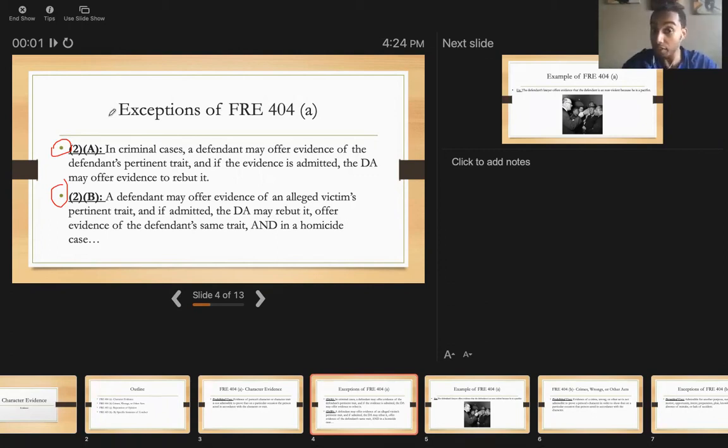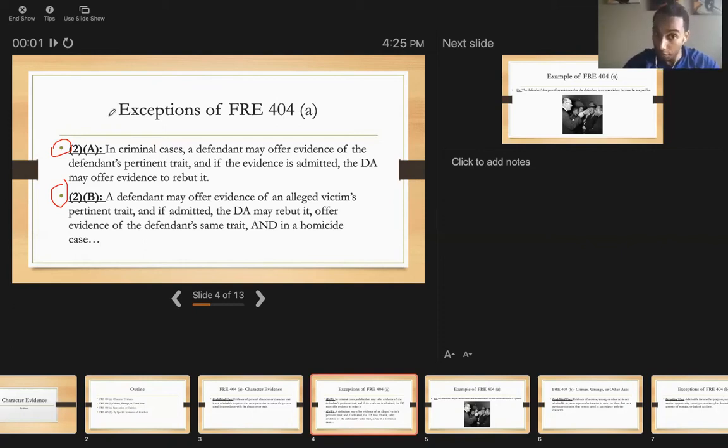And if that evidence is admitted in the court, the prosecutor may offer evidence to rebut it. Let's say the defendant is offering a trait to say, I'm a nice guy. If that's admitted, the prosecutor, the opposing party, may offer evidence to rebut that and use other evidence to say, no, he's not a nice guy. He's actually a mean person.